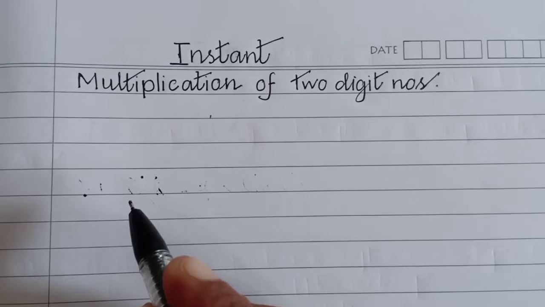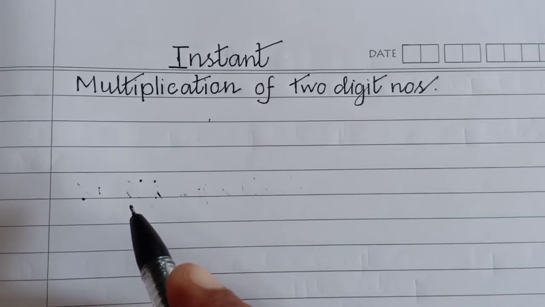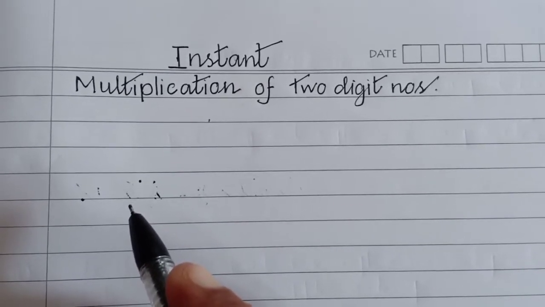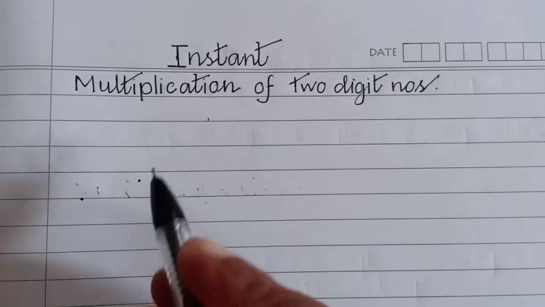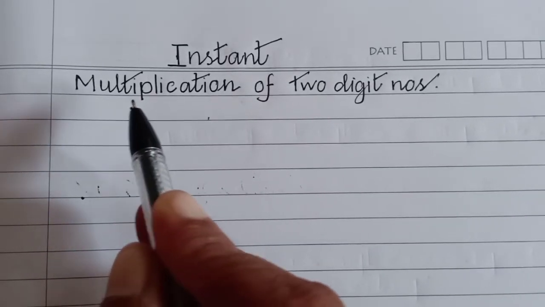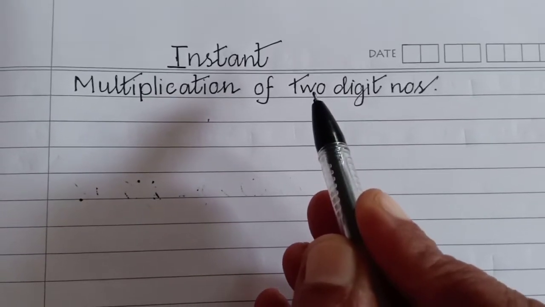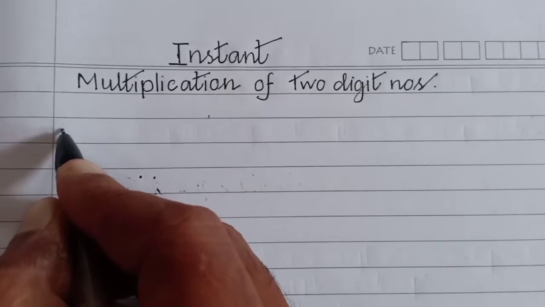If you solve this problem a number of times, then it will make a practice for you and you will be able to solve this question very instantly, very fast. That's why this type of multiplication is called the instant multiplication of 2 digits.